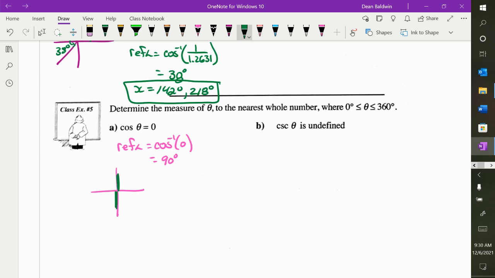Yeah, you're right there. Those both give you reference angles of 90, correct? So what's my rotation to get there? What's my rotation to get there? And if you want to check your answer, go cos of 90 and cos of 270. You should get 0.